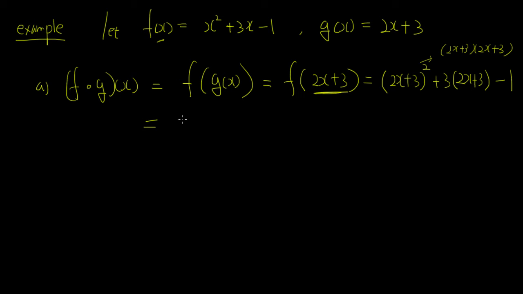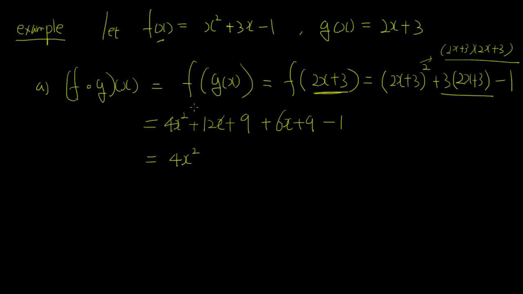Okay. So the first part would be 4x squared plus 12x plus 9. I mean, if you do this, that'll be this. Plus, I'm doing this now, it'll be 6x plus 9 minus 1. So, I mean, we're almost there. Just need to simplify just a little bit more. The x squared terms are gone.